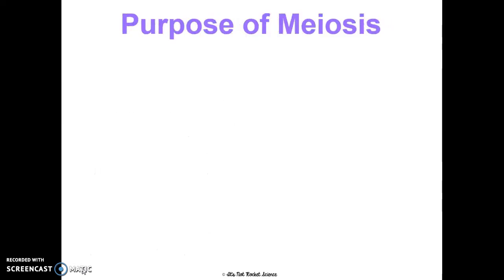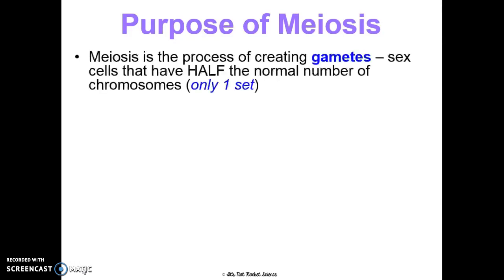So before we go really in depth into meiosis, I want to review the overall purpose and the reason why we have to have this. So first off, meiosis is all about creating these gametes, these sex cells. The sole purpose is sexual reproduction, for the sperm and the egg to come together to form a new offspring.